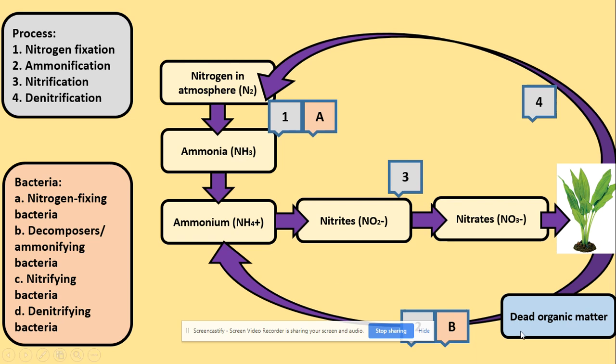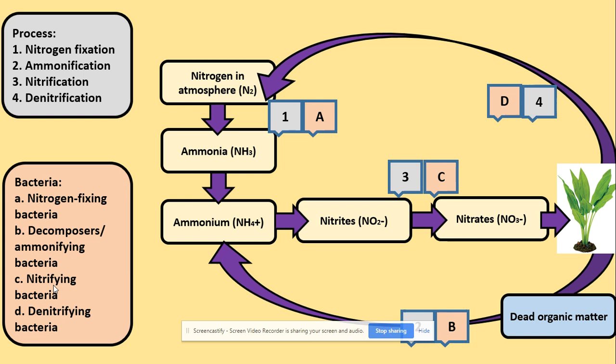So from the dead organic matter back to the ammonium ions, so they can dissolve in the soil. Then ammonium ions will be converted into nitrates and nitrites. This is done by nitrifying bacteria, and finally, the denitrifying bacteria are going to carry out the process of denitrification.